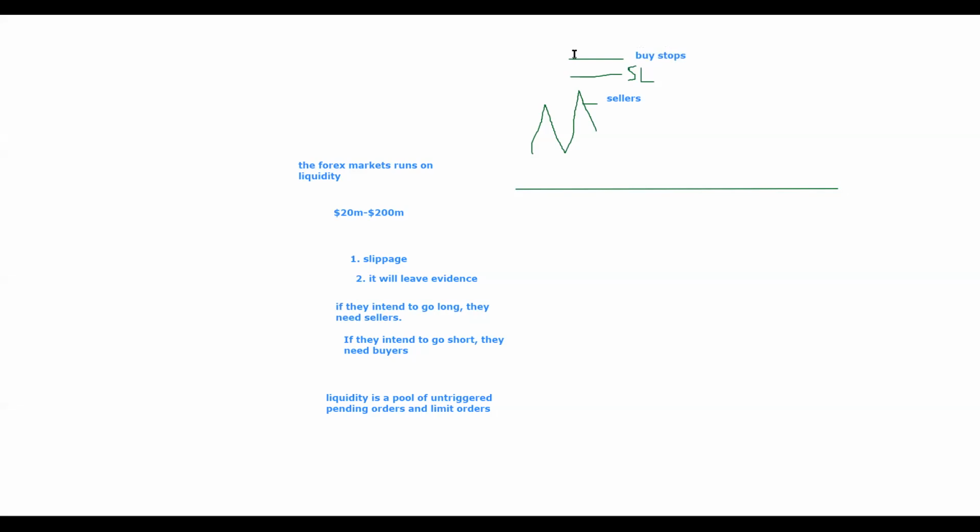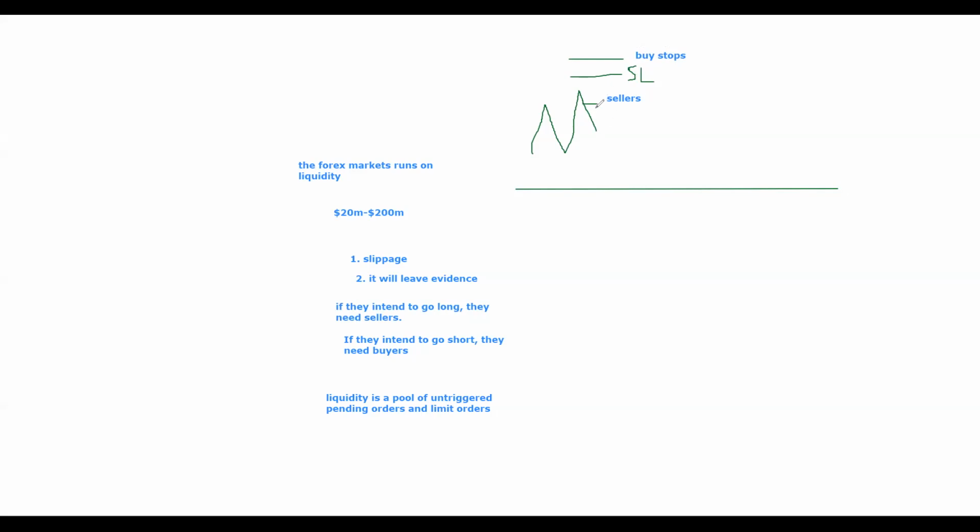So in this situation, you have this liquidity above here. And if they have the intention of going short, what are they going to do? It's very simple. You already have people who are saying, I'm going to sell, this thing is going down.